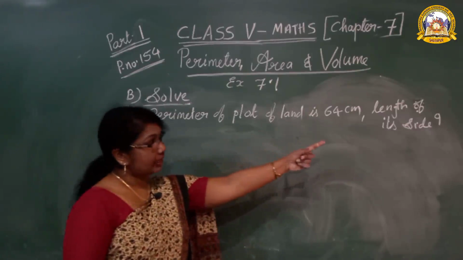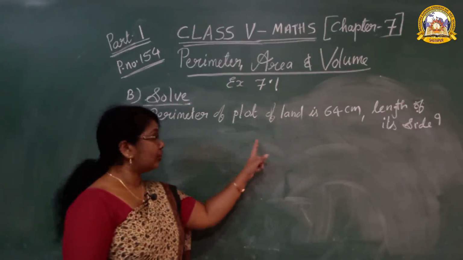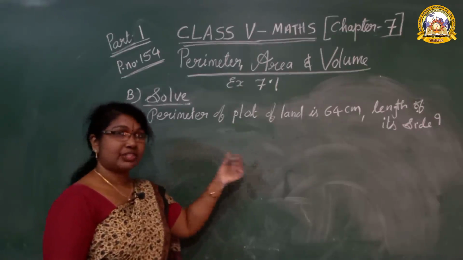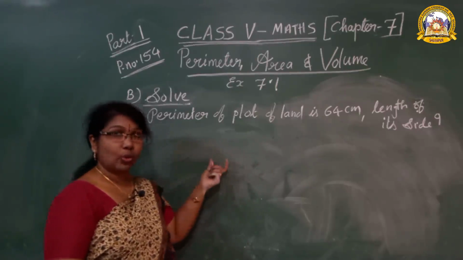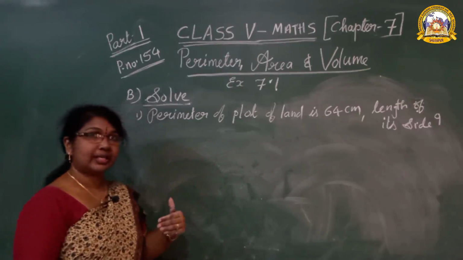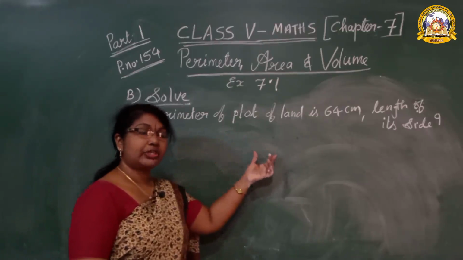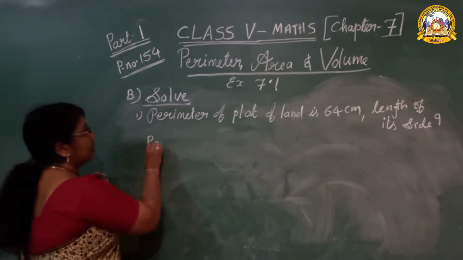Because it is written that we have to find the measure of one side, not length and breadth. One side means we know it is a square. So in a square, how do we find one side when the perimeter is given? What is the formula? Perimeter divided by 4.